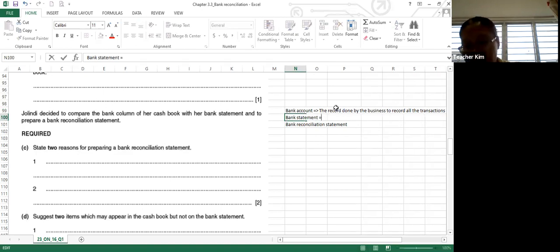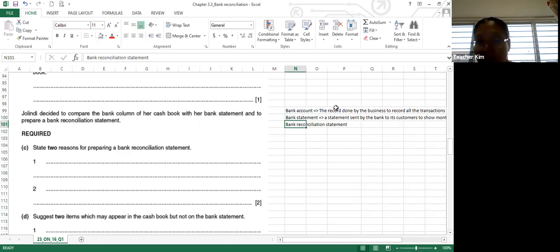Whereas the bank statement is a statement sent by the bank to its customer showing monthly transactions recorded by the bank, not by the business, by the bank.